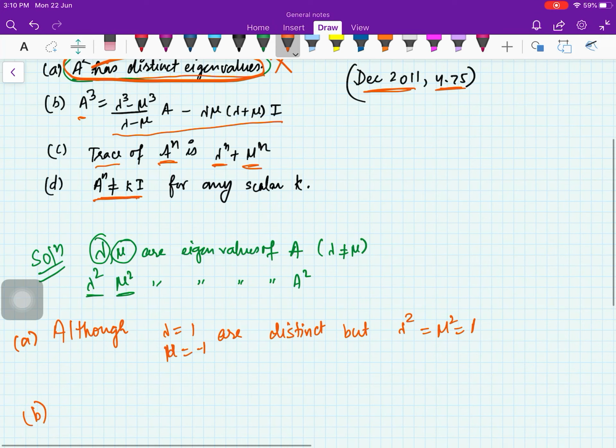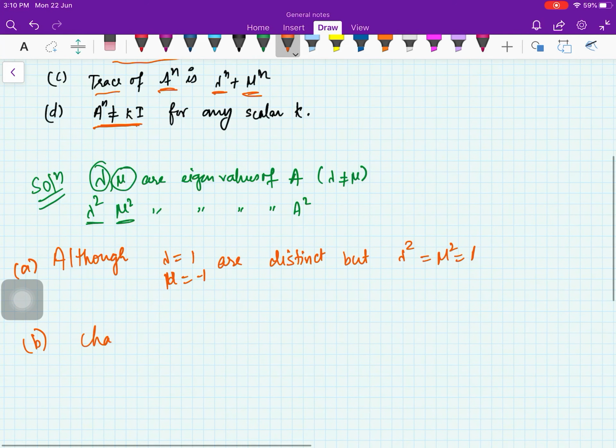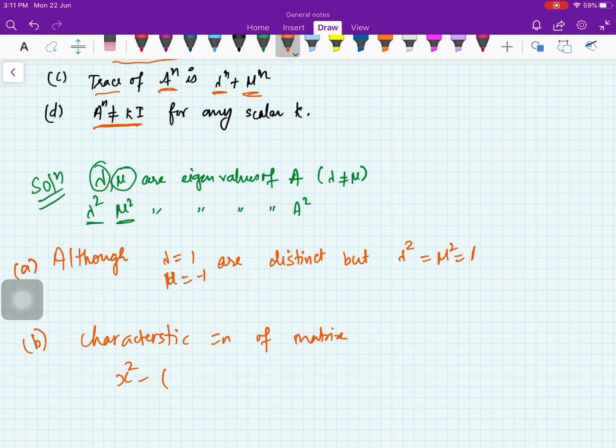Now let us look at the second option. So you have to see whether this is true or not. For that, you know that this is a polynomial, so it should come to your mind that we can use the Cayley-Hamilton theorem. So the characteristic equation of matrix A is x square minus the sum of the eigenvalues, that is the trace of the matrix, lambda plus mu, into x, plus the determinant of the matrix, that is the product of eigenvalues, lambda mu, equal to 0.